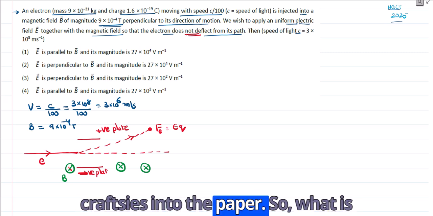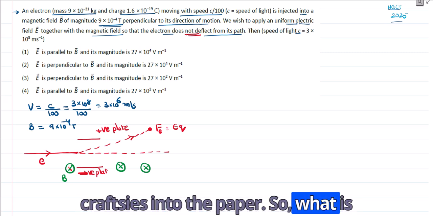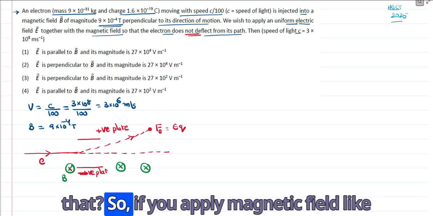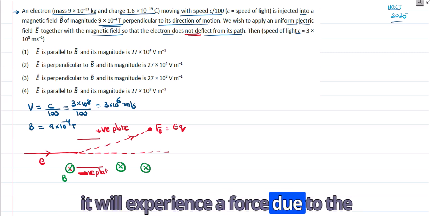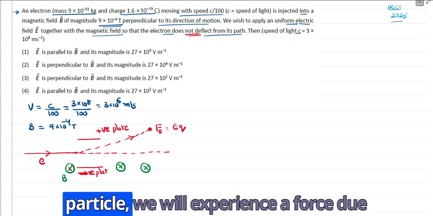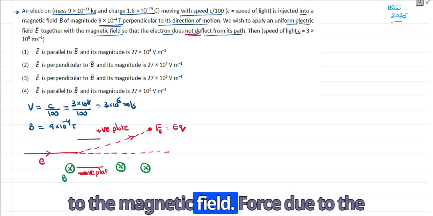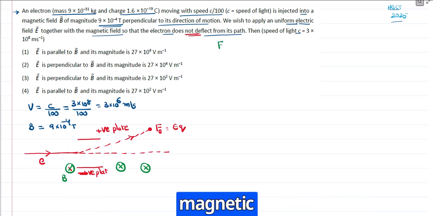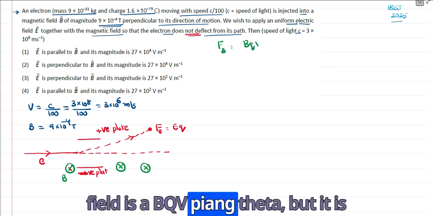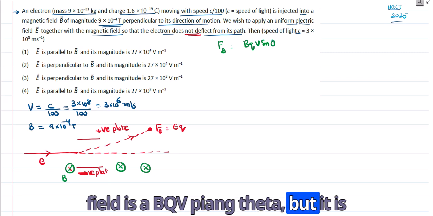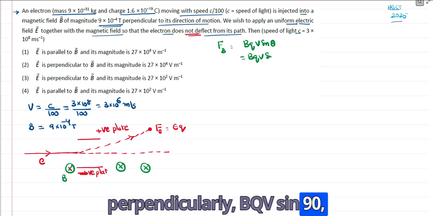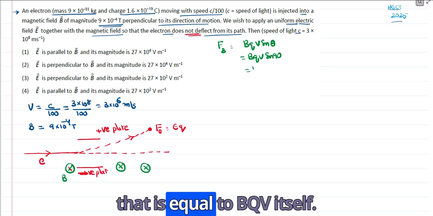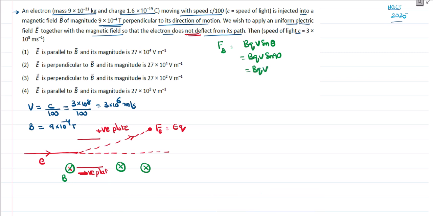A charged particle will experience a force due to the magnetic field, BQV sin theta, but it is entering the magnetic field perpendicularly. BQV sin 90 is equal to BQV itself.